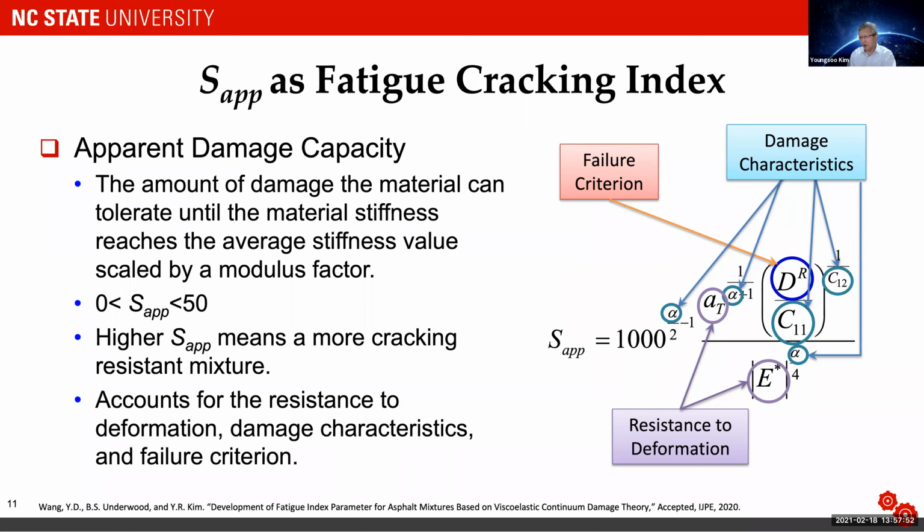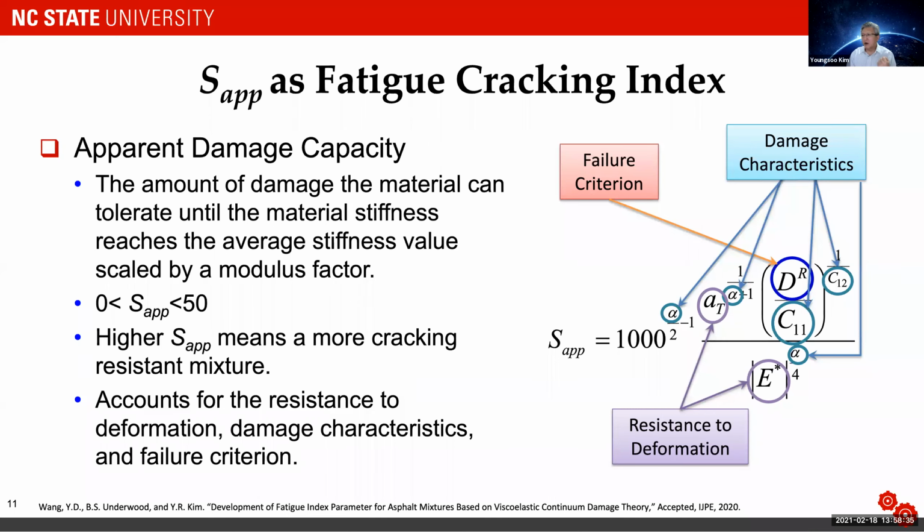Not all, but some of them are opposite. So we knew that if SAP was to be used even for long-term aged mixes, we need to compensate for that additional aging that mix had. So it's a phenomenological application. I think we actually said that in the IJP paper. We found out that by dividing by this dynamic modulus with the alpha term here, exponent, we can actually bring the long-term age data into the right trend.